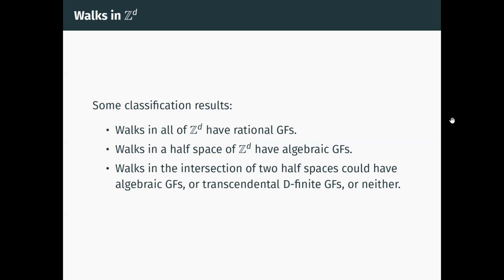And the problem for why things are so difficult as soon as you start adding more restrictions is that once you have the intersection of two half spaces, then you could have an algebraic generating function, or something that's not algebraic but is d-finite, or something that is none of those. And that's implying both that the analysis is potentially very difficult and that the spectrum of asymptotic forms that we could get is very broad.